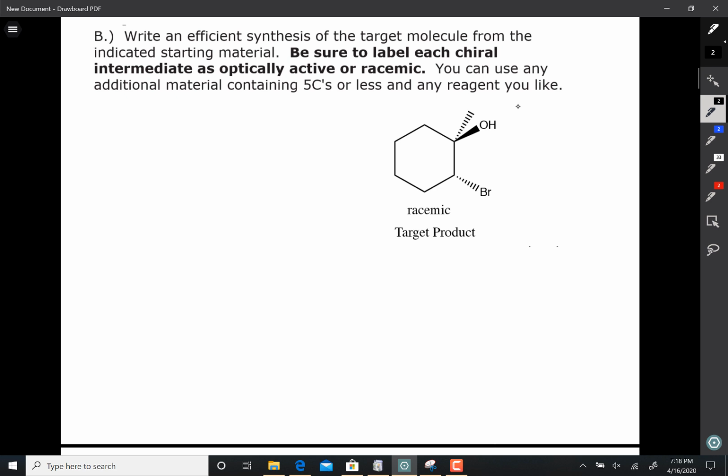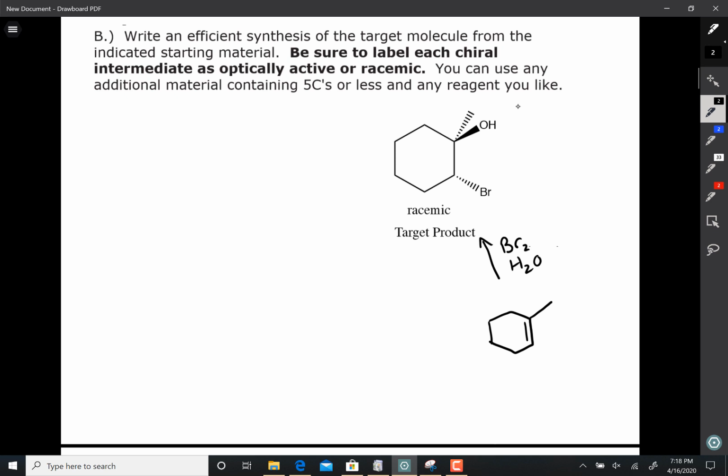We have a Br and an OH. They're anti to each other. We have one reaction that puts bromine and water anti to each other. That's adding Br2 and water to an alkene. And the OH goes on the more substituted side, like so.